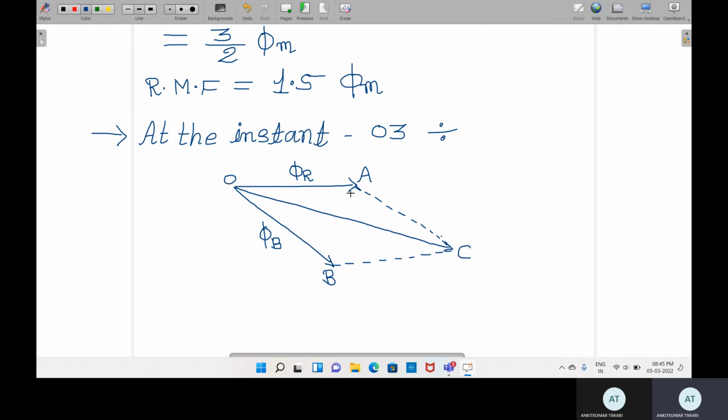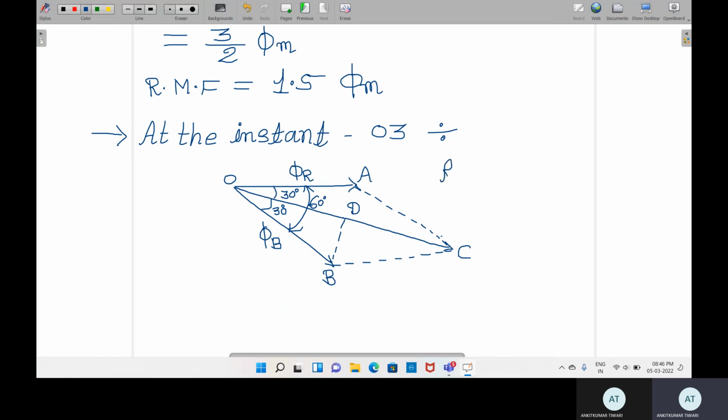And now, as usual, we can divide it. The OC vector is divided into the OD vector. So this is 30°. This is another 30°. And this is 60°. Okay, 30, 30, total 60°.